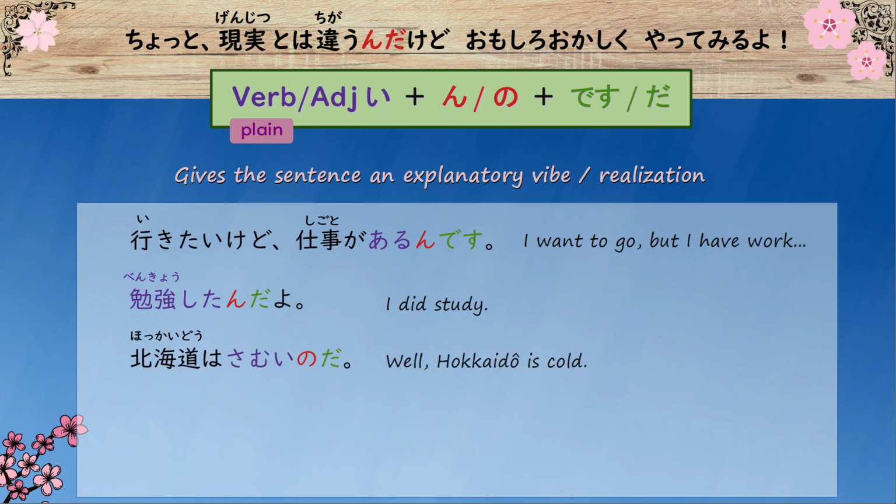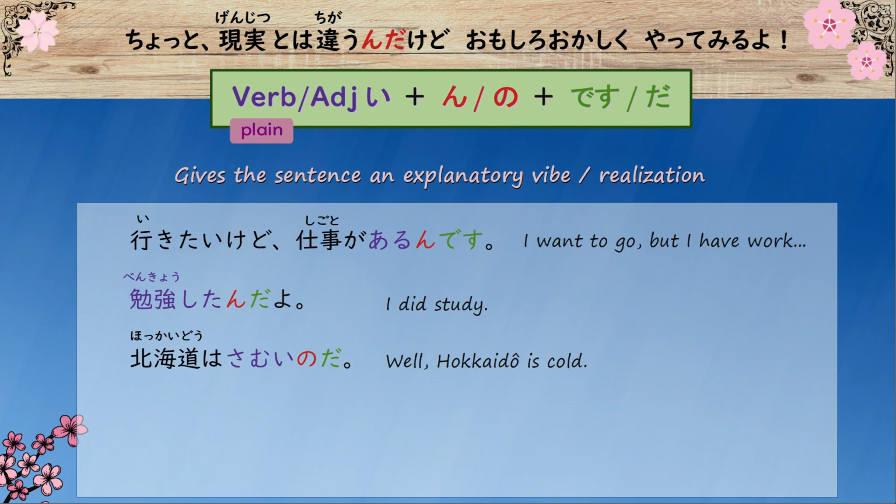Then, 北海道は寒いのだ. So you are going for a trip with a friend to Hokkaido. And she sees that you put a lot of warm clothes in your suitcase. And so she tells you, why are you doing this? Why so many warm clothes? And so you answer, well, Hokkaido is cold. So once again, you are kind of filling a gap in the listener's awareness of the situation.